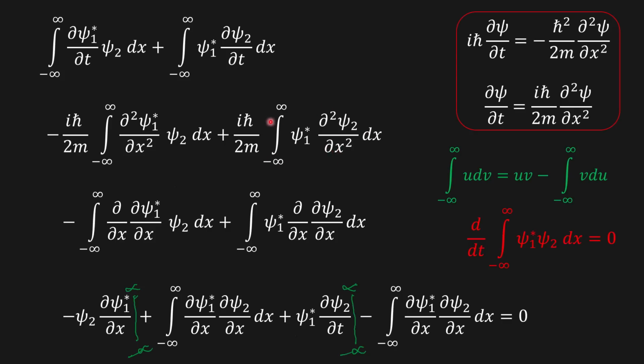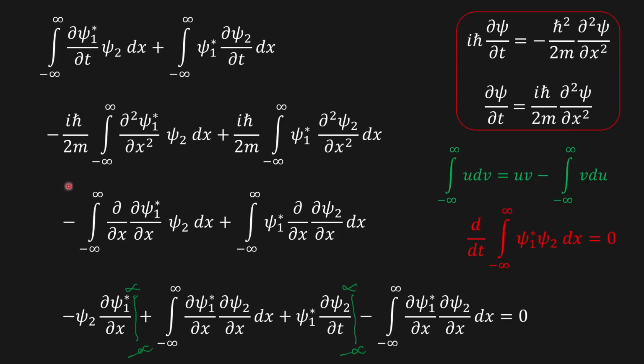So I have rearranged all the terms inside the integral and converted everything into x dependence. Since i h cross divided by 2m is a constant, finally we are going to remove it; we will use it if required. Note the signs: here it is minus, here it is plus.